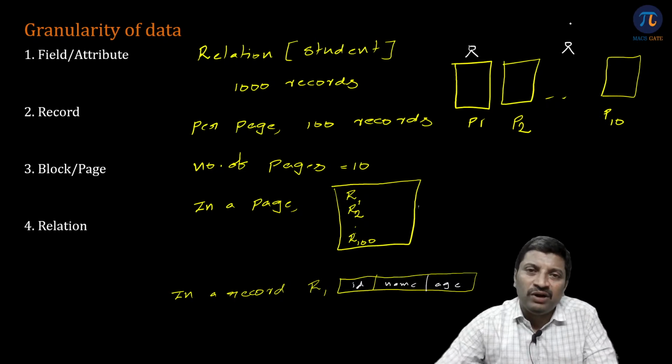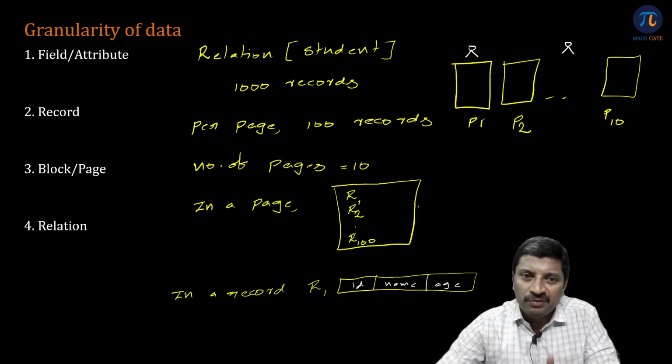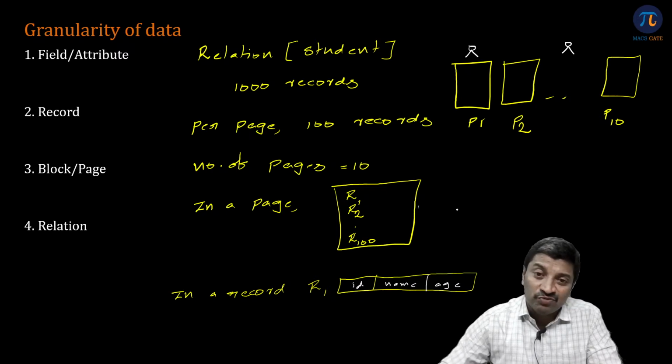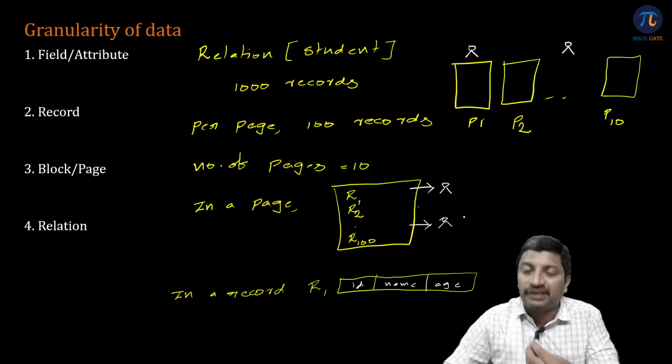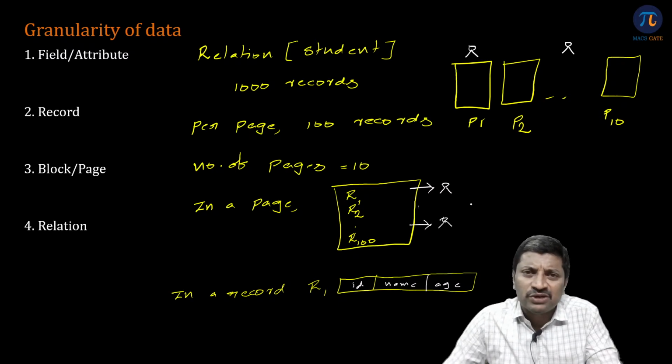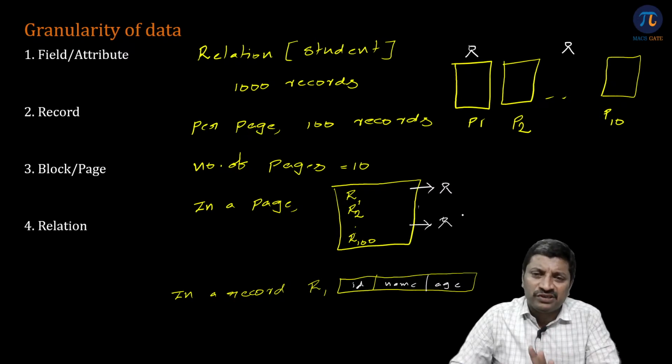So we will not have any conflict if two different persons are working on two different pages. Now within a page, the first person is working on record 1 and the second is working on record 15. Do you have any problem? No, right? In the first line he is working and in the 50th line he is working. So then also we don't have any problem.